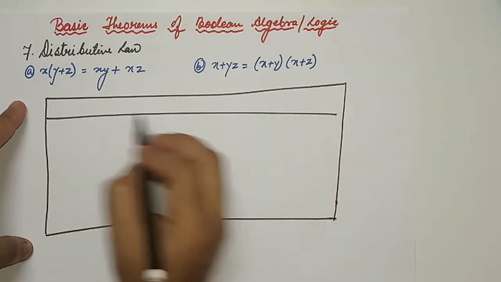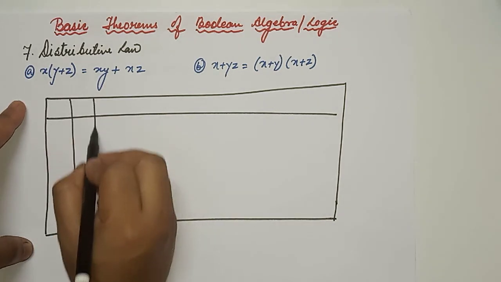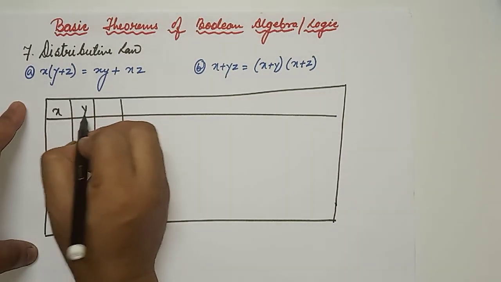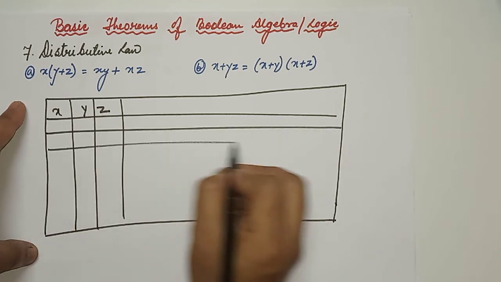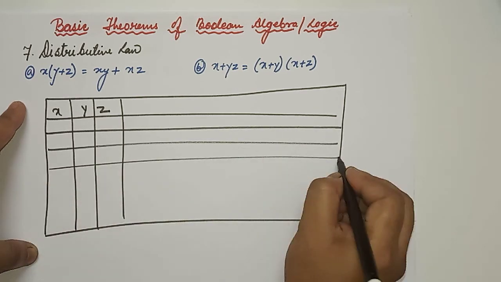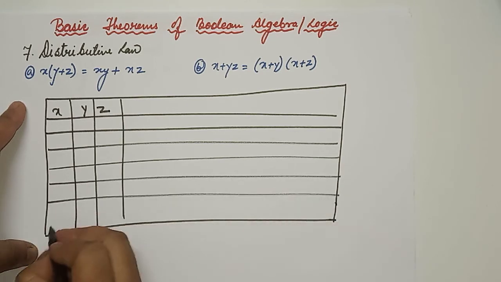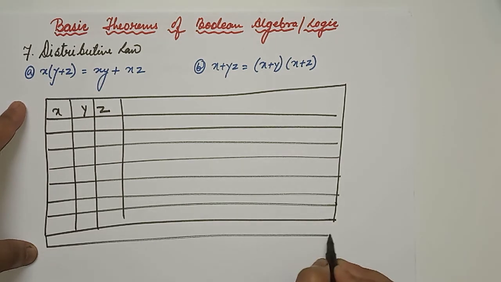So here we will have altogether 8 input combinations. So x, y, z. So 1, 2, 3, 4, 5, 6, 7, 8 is required.